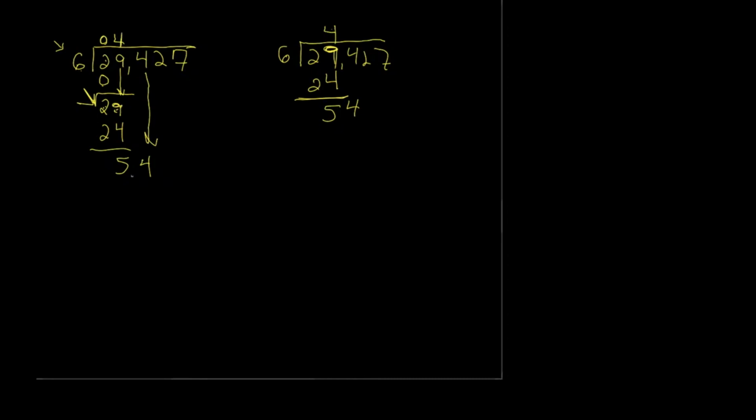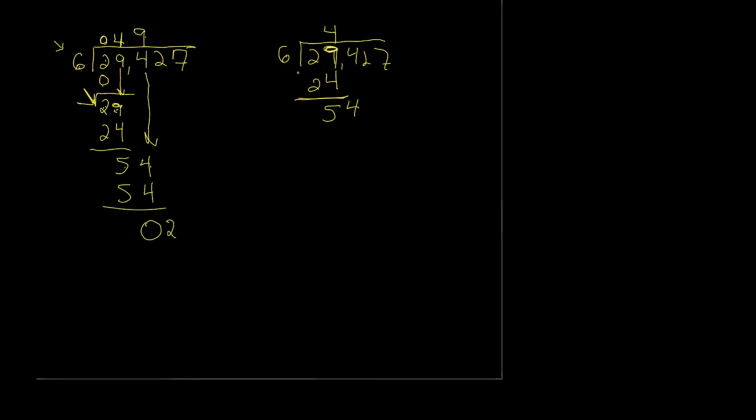Each time we get a new answer, we go, how many times does 6 go into 54? Well, it goes in 9 times. 9 times 6 is 54. 54 take away 54 is 0. Bring down the 2. I'll do it over here again. Sorry about the repeat here.